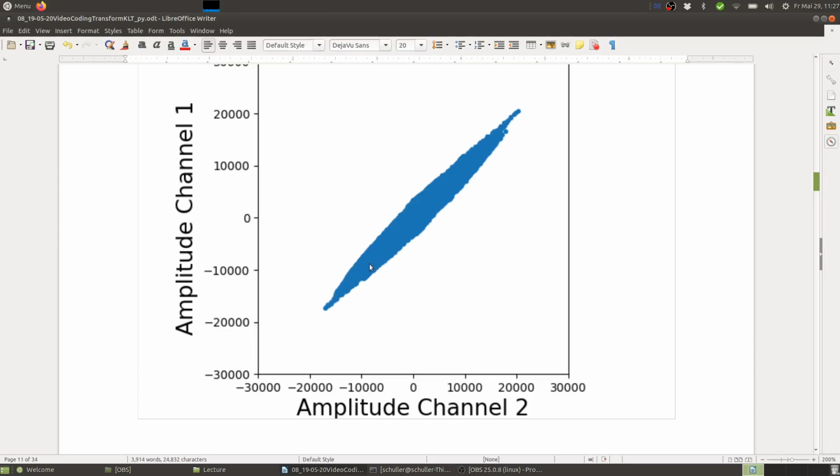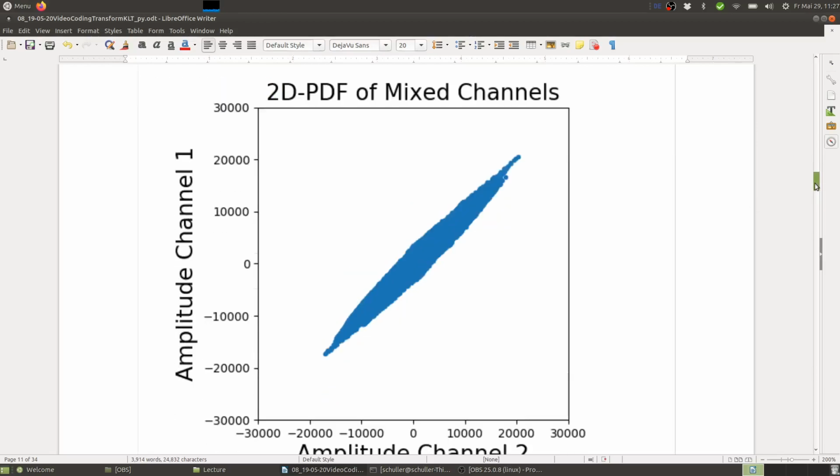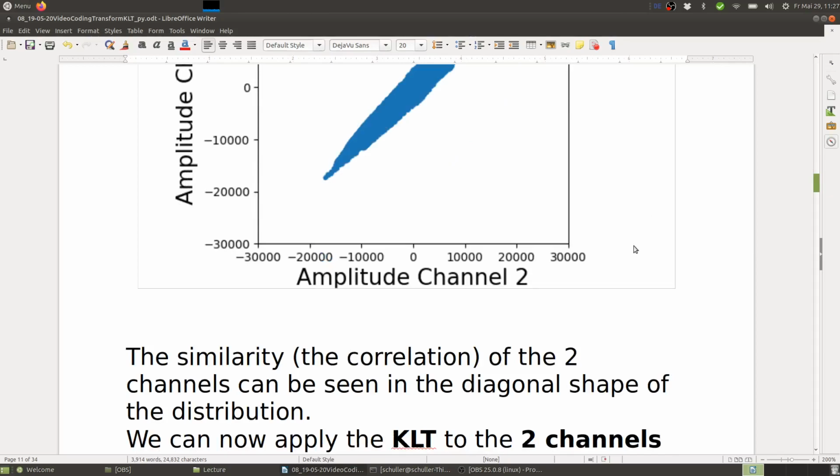And this is what we see here. This is also true if we have two sources. Imagine we have two microphones at the same position, directed slightly differently, and two speakers in front of them. Then we have a slightly different mix for each of those two microphones, but each microphone contains both sources. Each microphone is now one channel, and we want to see what can happen if we decorrelate the two.